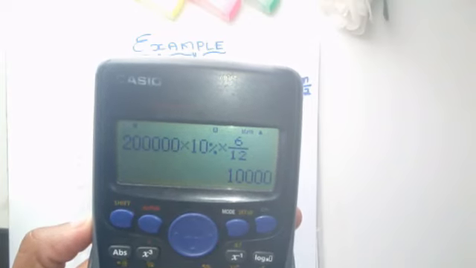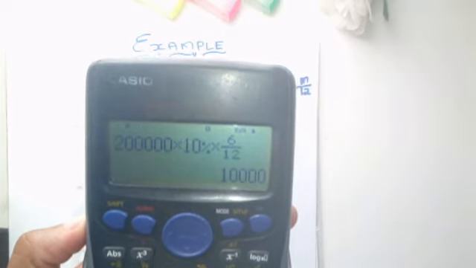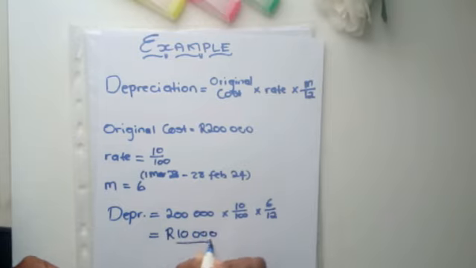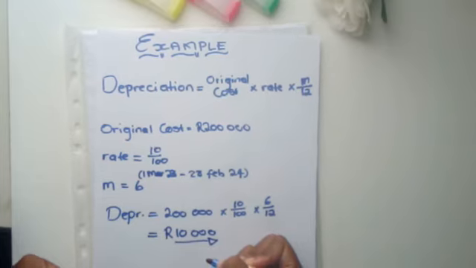You punch it as it is in your calculator and it will give you your final answer of 10,000 rands, and that is our depreciation for the year for this vehicle that was sold during the financial year.